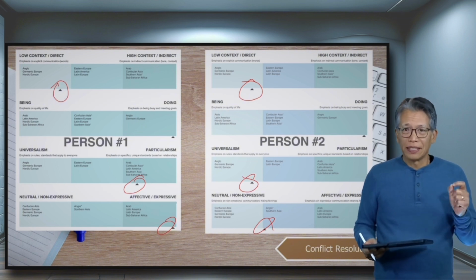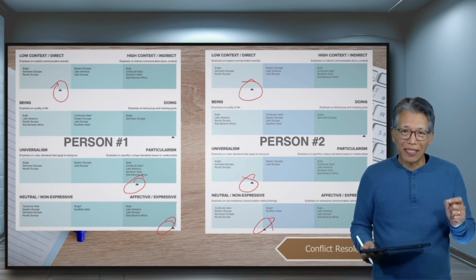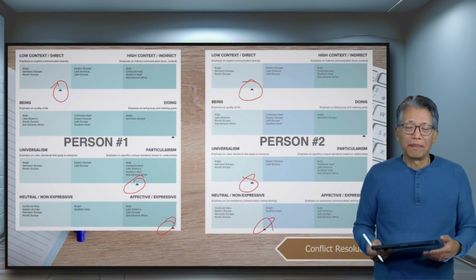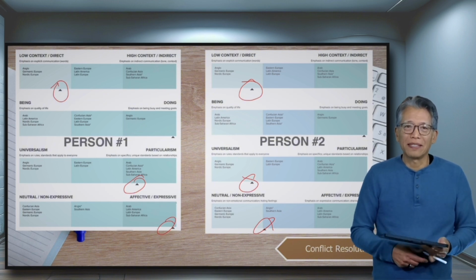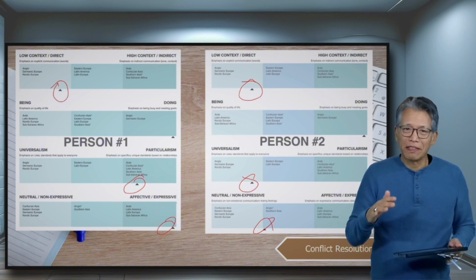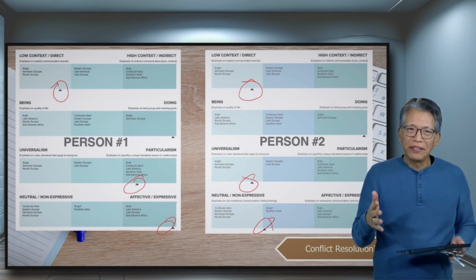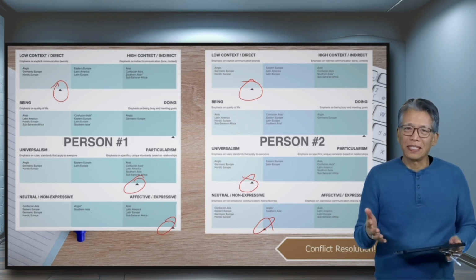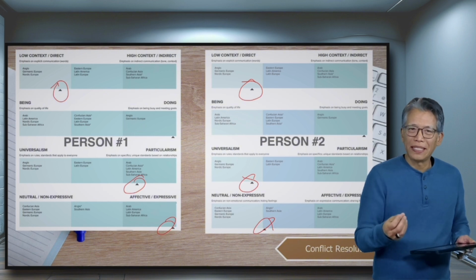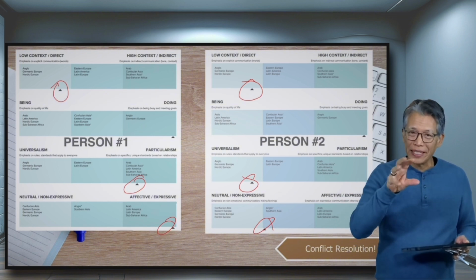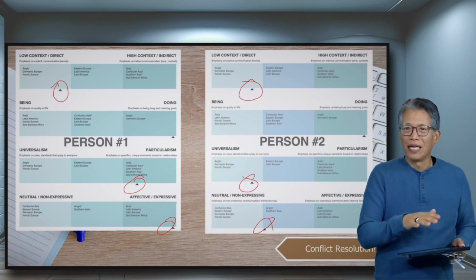Because remember, sometimes the conflict is not because someone's intentionally trying to be personally offensive. Many times the conflict is simply because there are two completely different perspectives that are misunderstood between the two people, and you can use the CQ assessment to help them begin to understand why the conflict happened and try to diffuse it at that level before it becomes personally offensive.